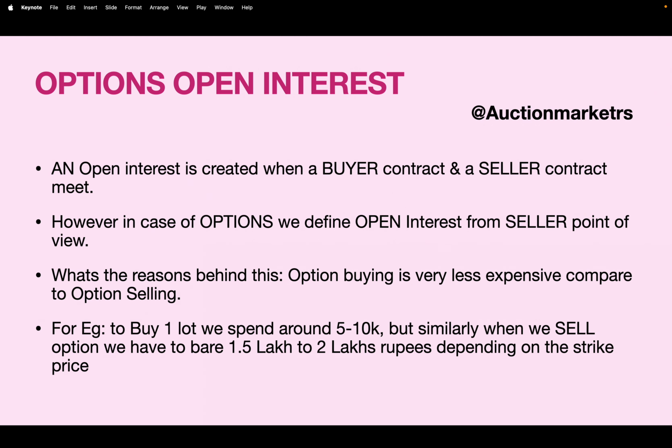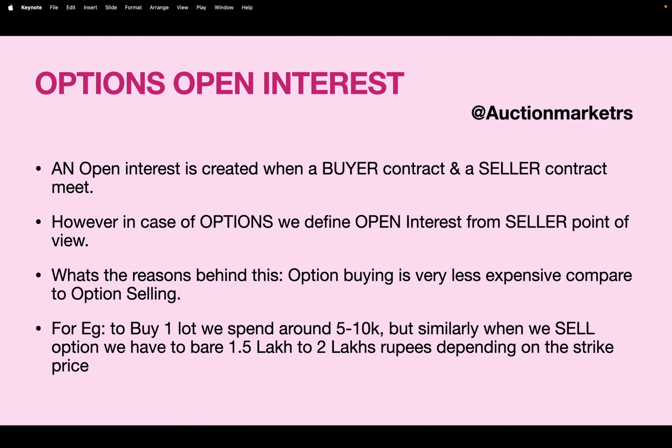Each and every token is tracked under the NSE option chain, where each and every position is maintained. Whenever a buyer and a seller contract completes, one open interest is created and added to the account.